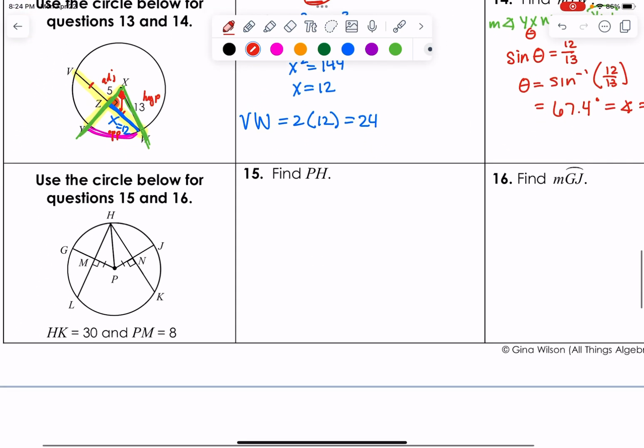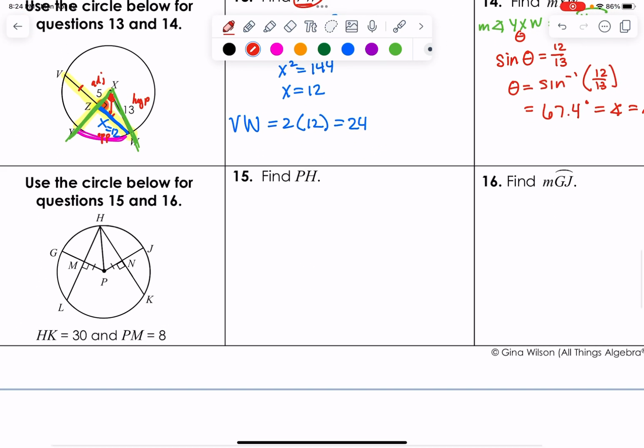So now let's look at number 15. So we have a different diagram. This is just twice as much stuff. So the first thing we want to notice is that HK, that's this whole length, is 30, which means that each of these pieces is 15. And then it says that PM is 8, but that means that PN is 8 as well. So if this is a right angle, then this is a right angle. What I'm looking for is PH.